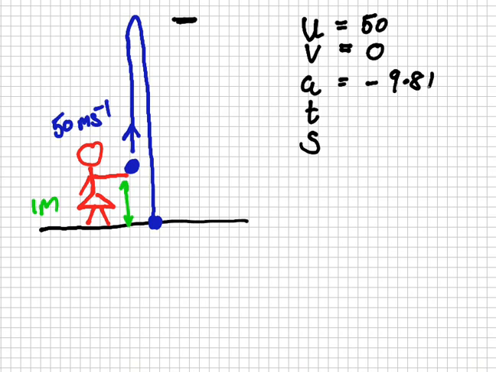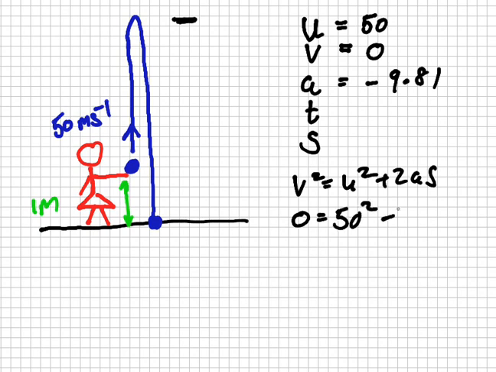So what formula can I use to get the S here? Not this one because I don't know the T. Which one? S equals UT plus a half AT squared? Maybe not this one. What about V squared equals U squared plus 2AS? I get 0 equals 50 squared plus 2AS.